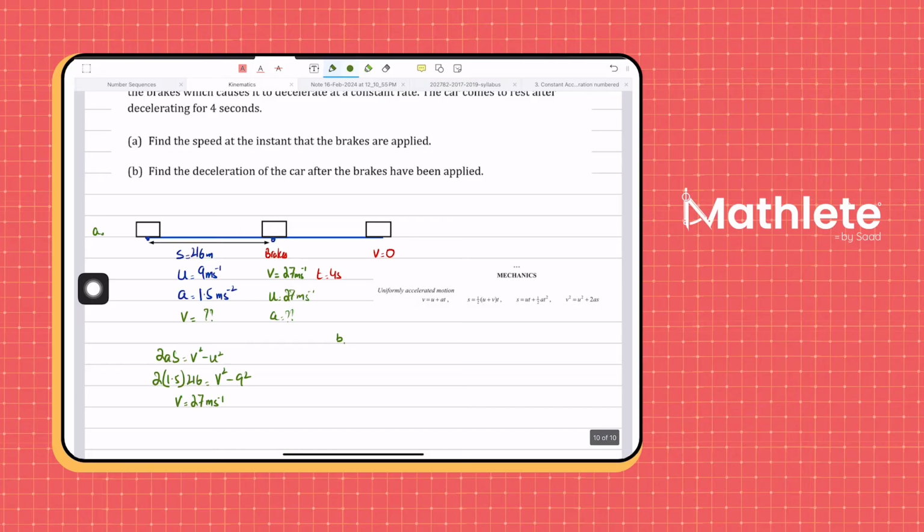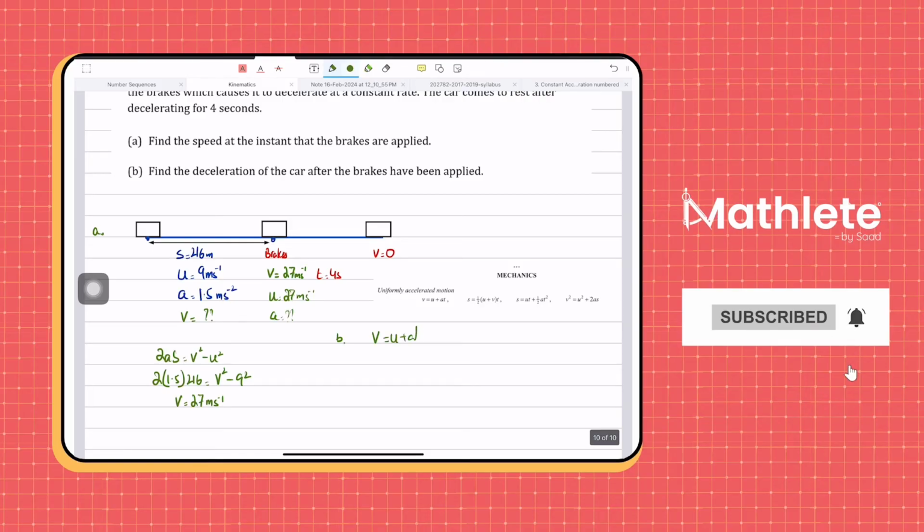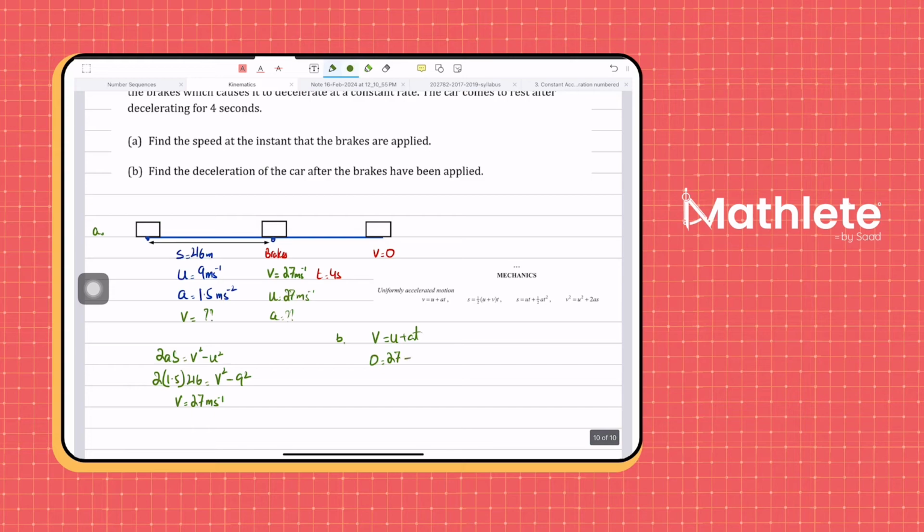What formula do you think I can use over here? The first, second, third, fourth. So perhaps the first one. That is correct, because we have V. Let me write down the formula that we're using. V equals U plus AT. 0 is equal to U, which is 27, plus A into T, which is 4.